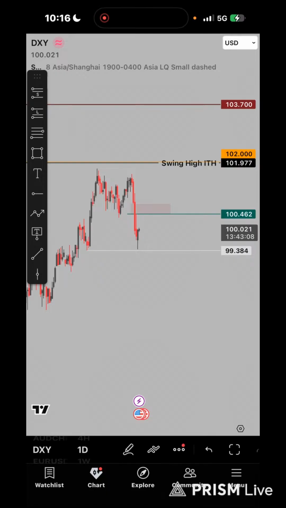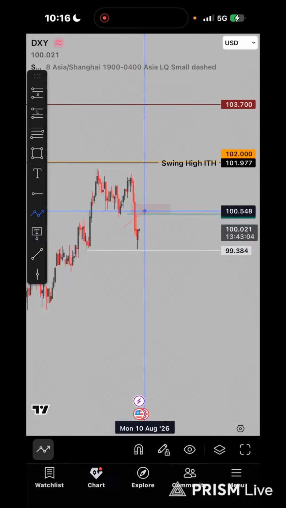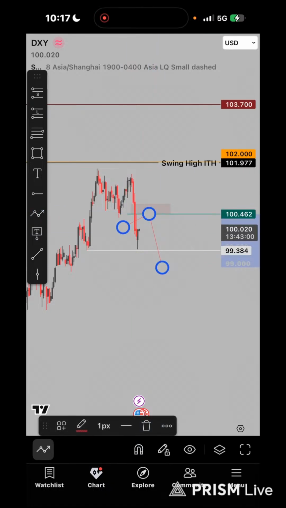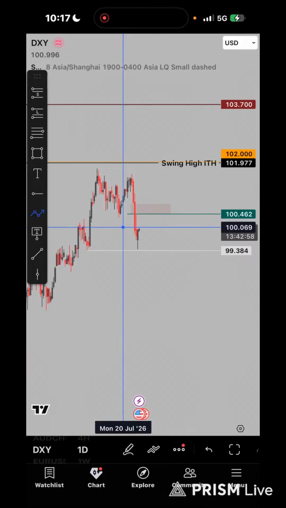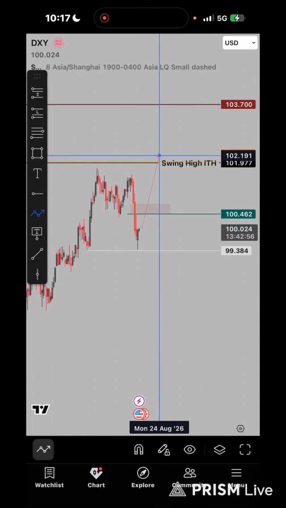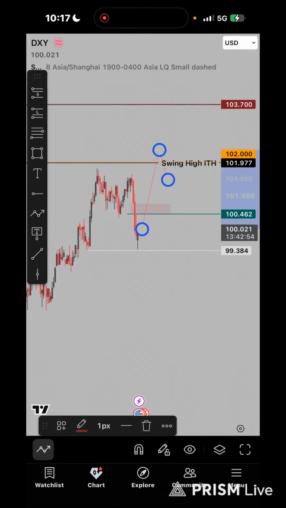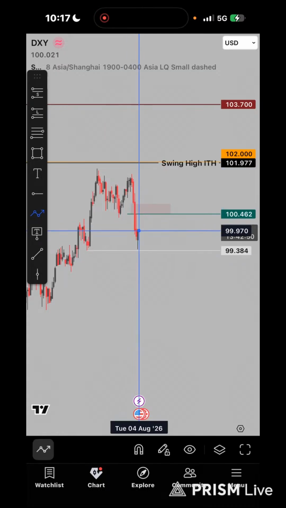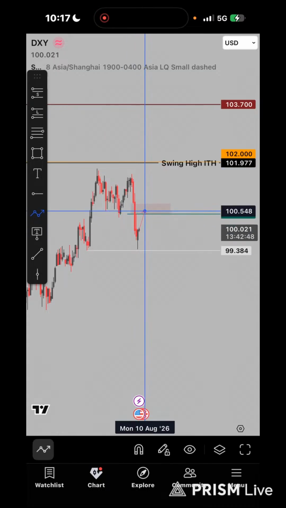Now, it could either come back up into this area here and then continue down, taking out these equal lows, or price could simply just return and go up and take out this high before it comes back down again. So price can do anything, but what you'd notice is that we have an agreement that price comes here first because the fair value gap is an imbalance.